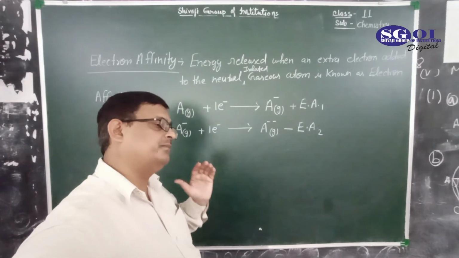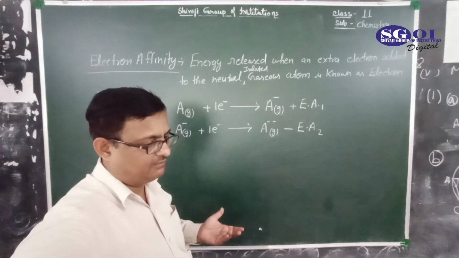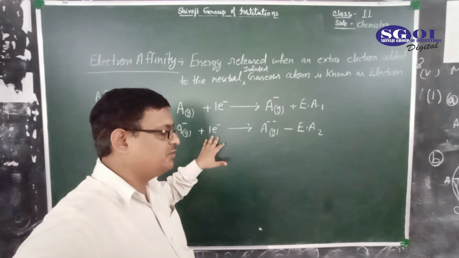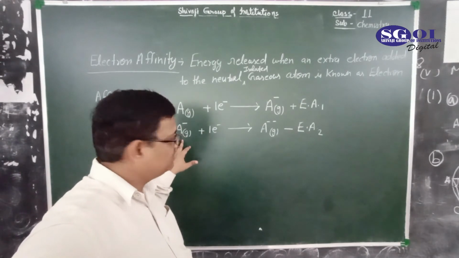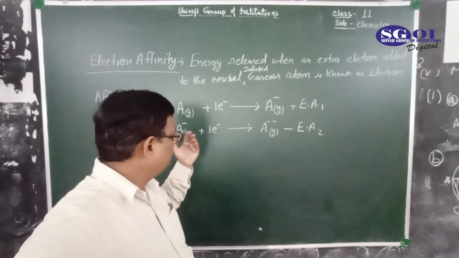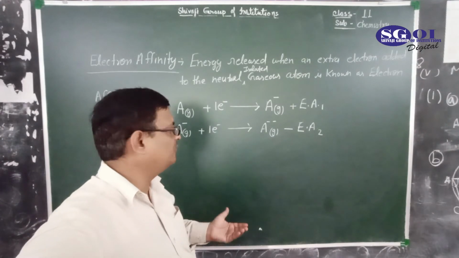So this repulsion force requires extra work, since our object is to add one more electron to a negative anion.